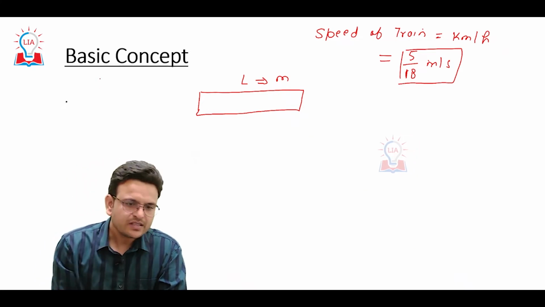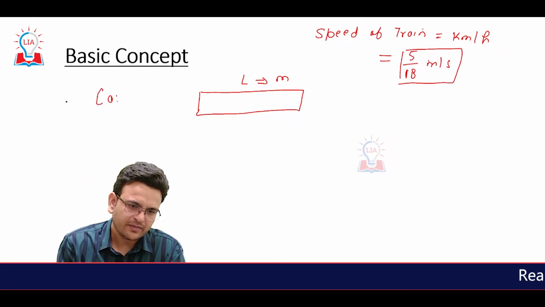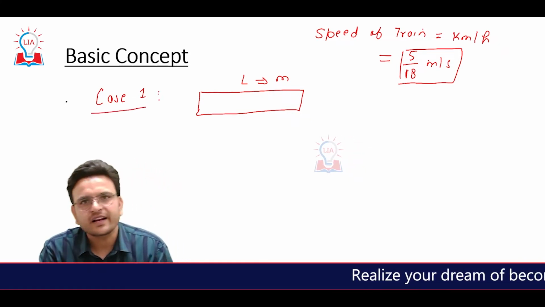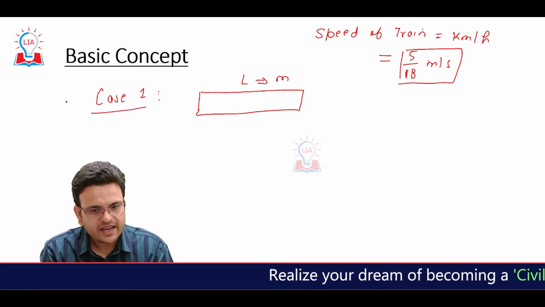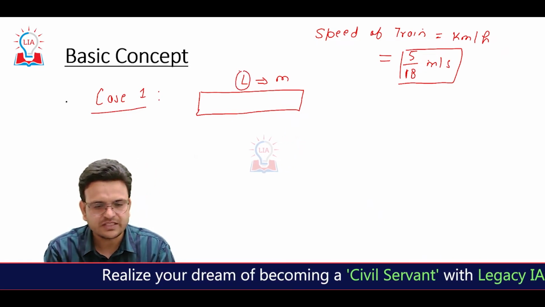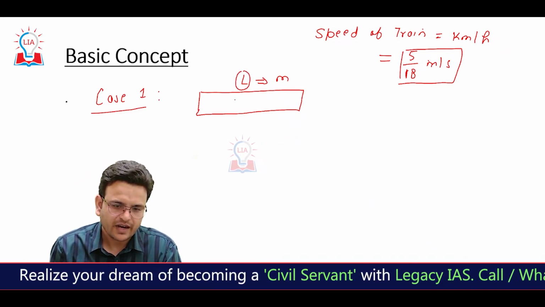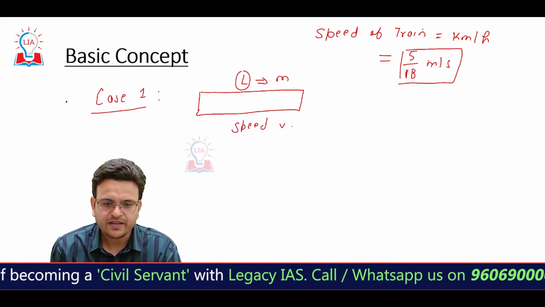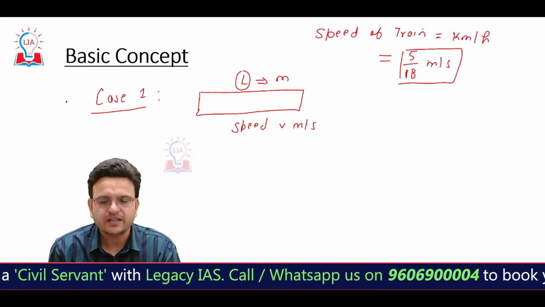Okay, so first type, case 1. In case 1 we are talking about a train whose length is L meter, which is going at a speed of v meter per second.